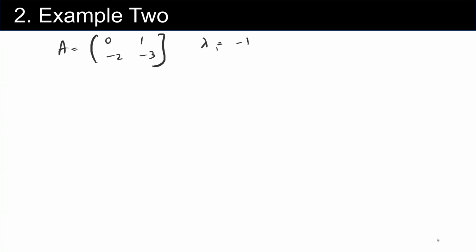Lambda 1 was minus 1, and the corresponding eigenvector v1 was k multiplied by 1 and minus 1. Lambda 2 is minus 2. Let's try to find the eigenvector for this one. So I'm going to give a 2-minute break here. You spend some time and try to find the eigenvector corresponding to lambda 2 using this equation.